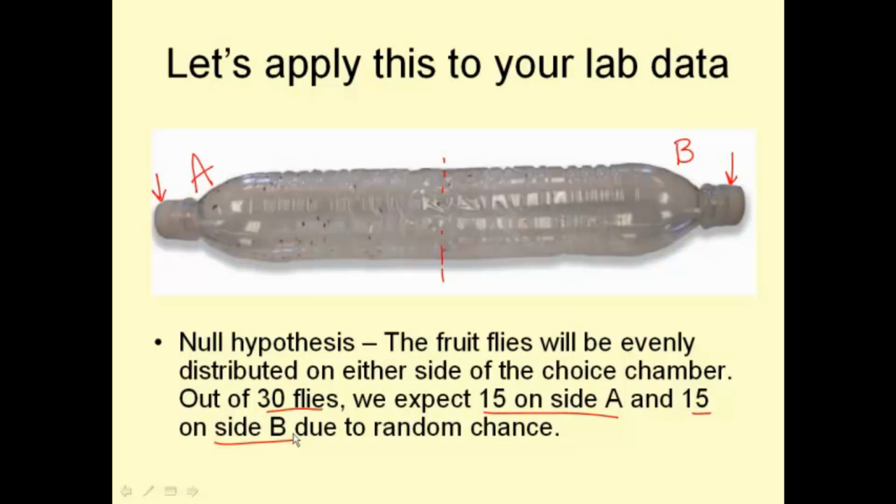No matter what we're putting on the ends, the null hypothesis is always going to predict that we're going to get results that are just due to random chance and nothing significant altering them. However, when you did the lab, you probably, for certain substances, saw different values than that. So I'm going to do a couple calculations with you to work through that.